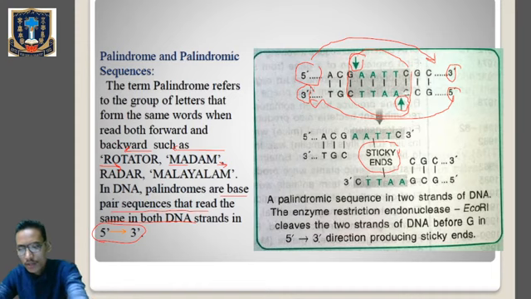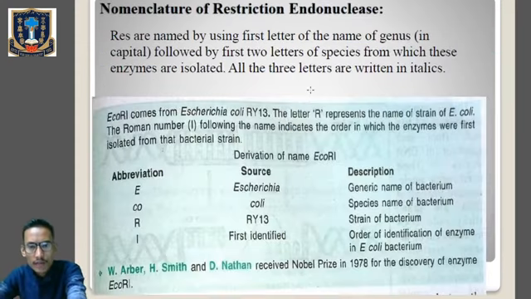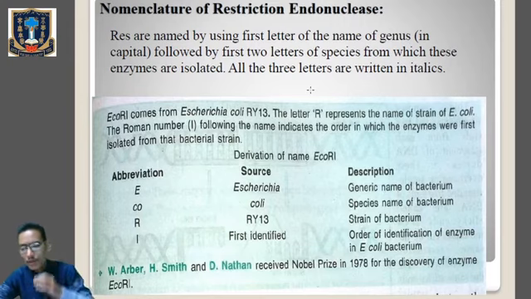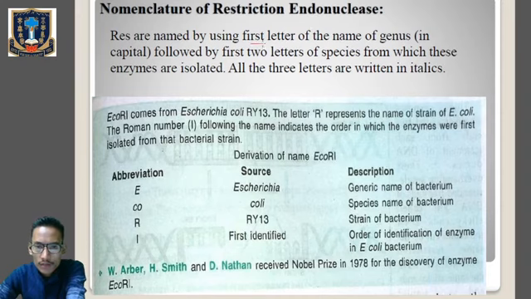Okay, so let's see now how this enzyme will come into action. First of all, let's see the nomenclature, the naming of restriction endonuclease. Restriction endonucleases are named by using the first letter of the name of the genus. Whenever we are going to name the restriction endonuclease enzyme, the first letter comes from the genus and it is written in capital.